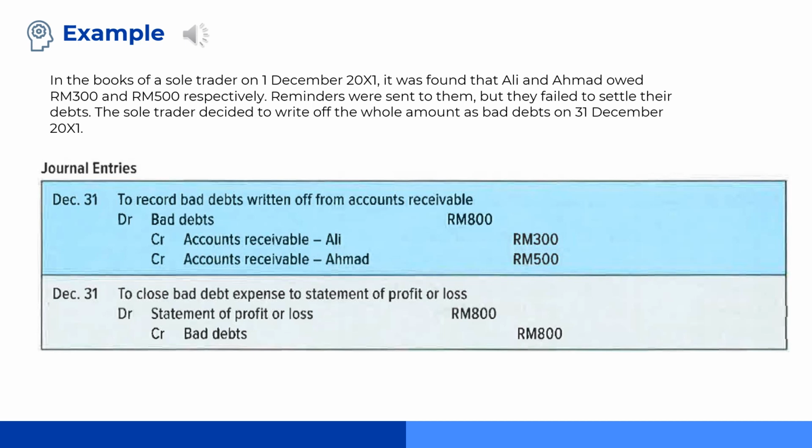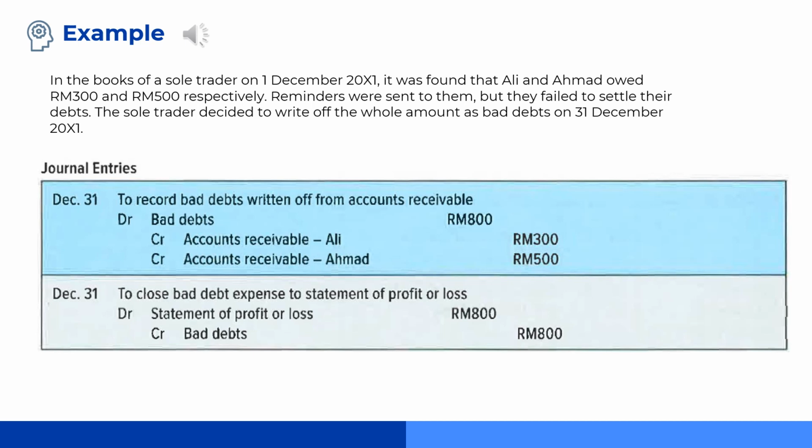Reminders were sent to them, but they failed to settle their debts. The sole trader decided to write off the whole amount as bad debts on 31st December 20x1. So how do you record this transaction?